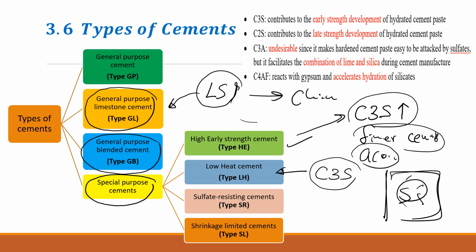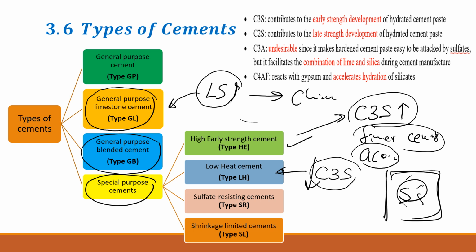Crack is right, but we need to know why it is cracking as well. So sometimes we need to control it. We can control it by having admixtures to control the heat, or we can have a cement with less C3S as well, but we have admixtures for that. And sulfate resisting cement.